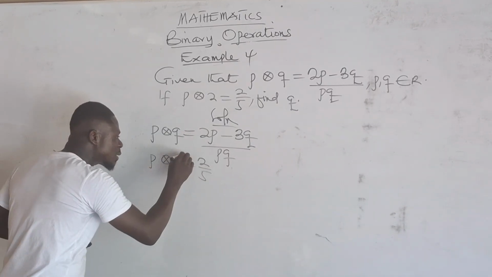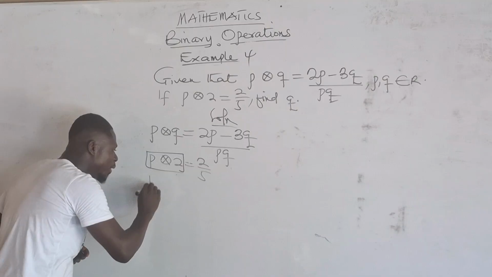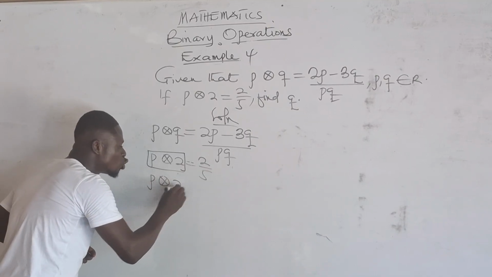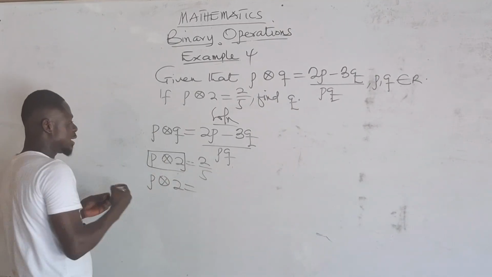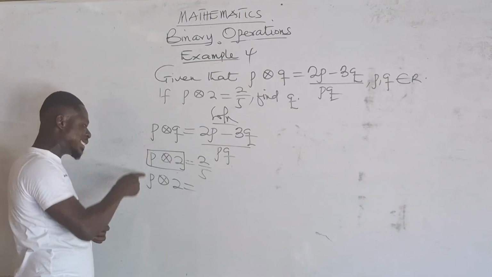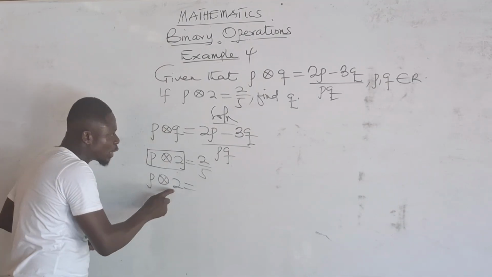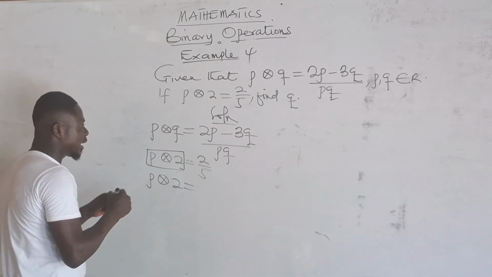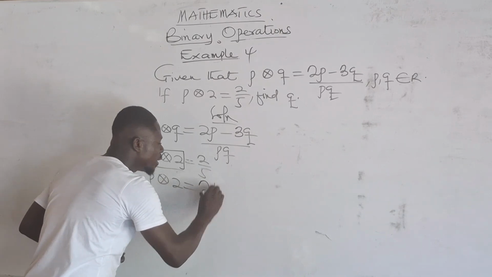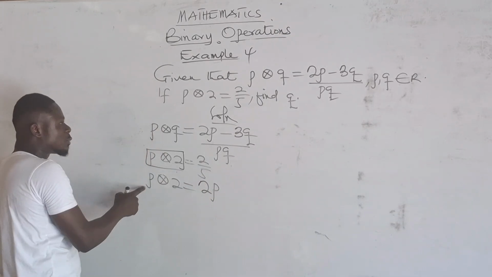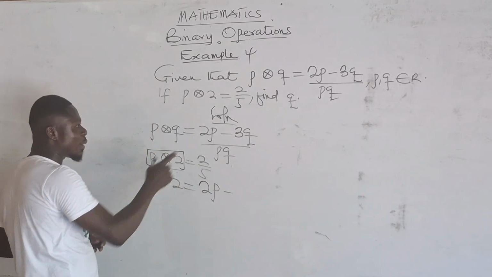Now let's pick this part alone. P operated on 2, comparing it to this, means that our P is still P, but our Q is now 2. So doing substitution, you have 2, the P will be maintained because P is still P, minus, what is our Q now? 2.